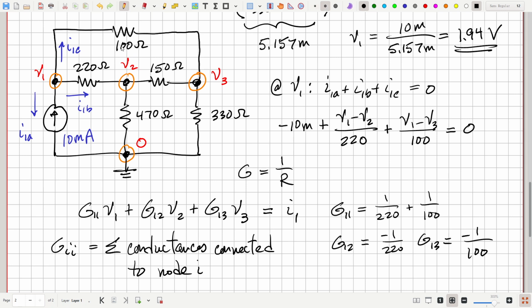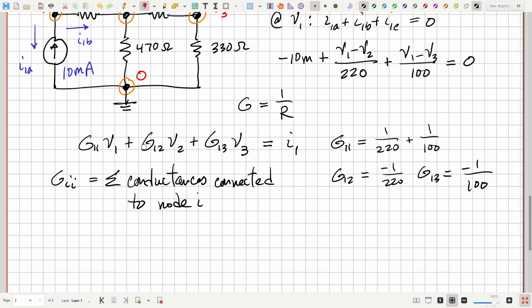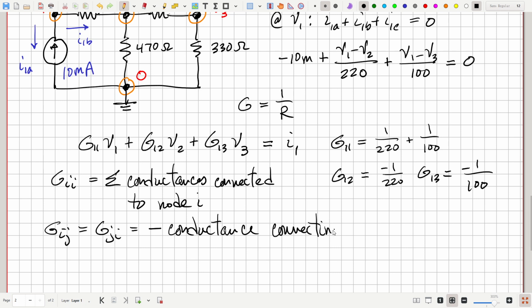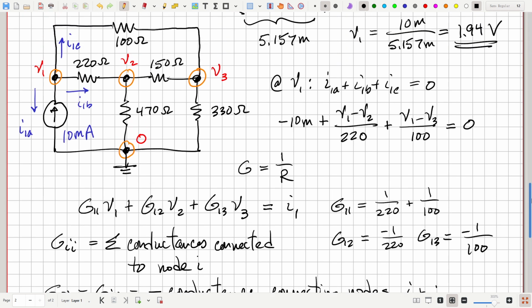Okay, and then what are going to be the off-diagonal terms in our matrix, because these Gij's are going to be the elements of a matrix. We'll have Gij, which is equal to Gji, is the negative of the conductance connecting nodes i and j. So let's see.